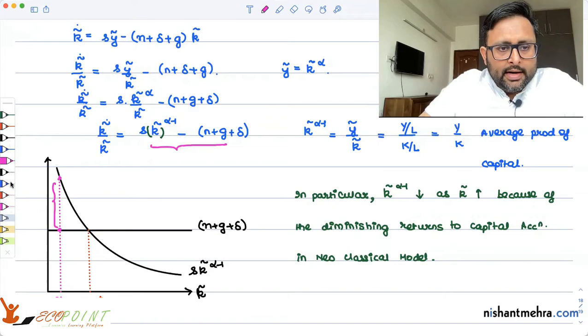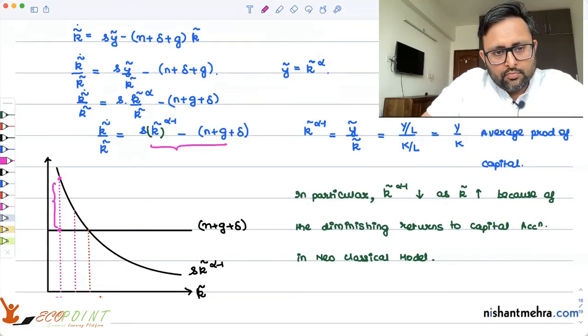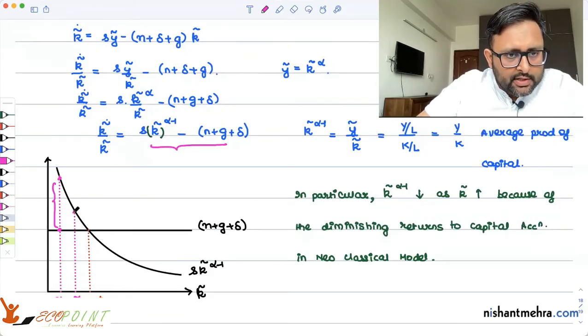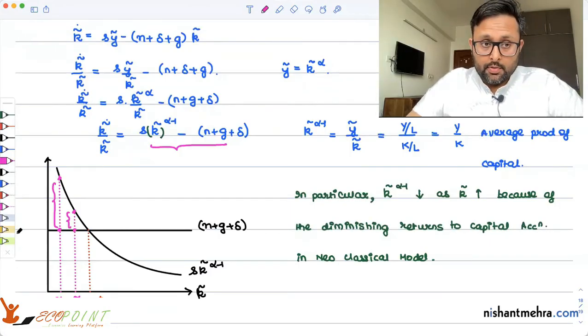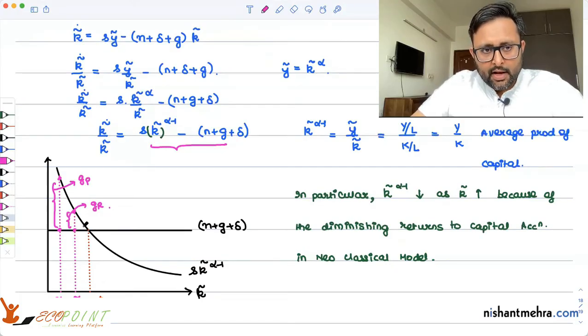Let us say there is another economy which is starting with a higher capital labor ratio, the rich economy. Again, growth rate is the difference between these two terms. So this is the growth rate of the poor economy, and this is the growth rate of the rich economy. Both of them are converging towards this point, the steady state.